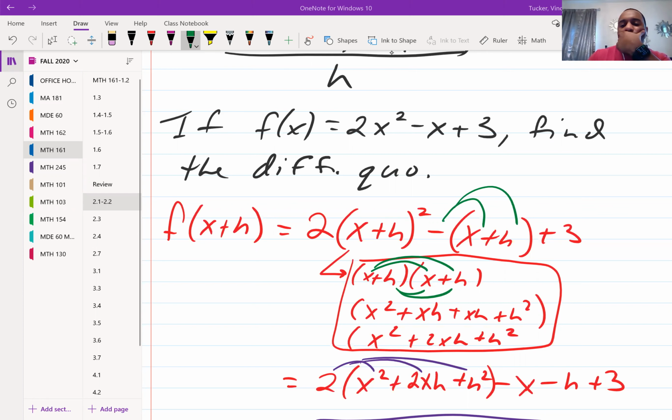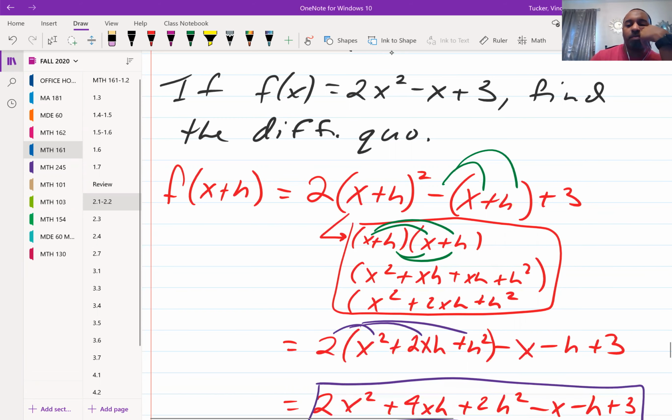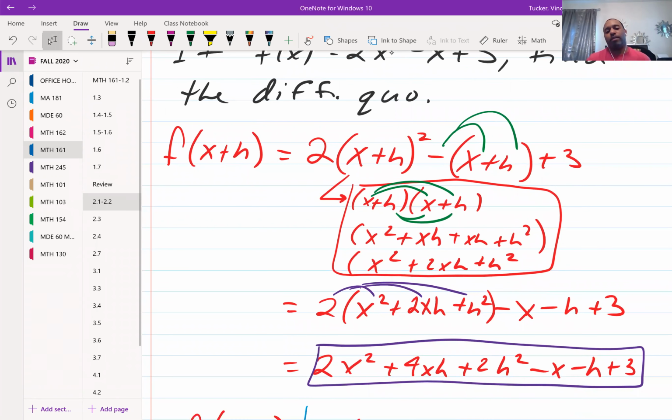All right. Then after we expand this part, we distribute the 2. So that gives us an expression of 2x squared plus 4xh plus 2h squared minus x minus h plus 3.